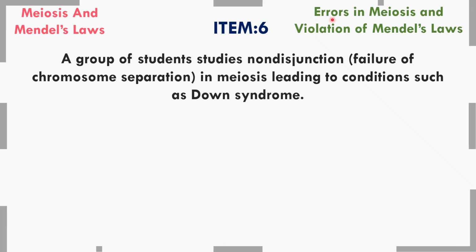Let's now emphasize errors in meiosis and violation of Mendel's laws. Item 6. A group of students studies non-disjunction, failure of chromosome separation in meiosis leading to a condition such as Down syndrome.